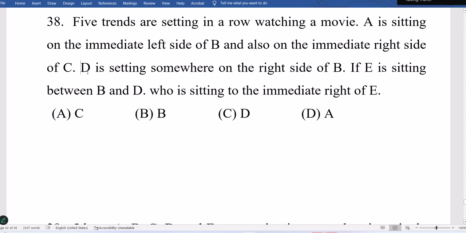Guys, work on this. So what is the answer here?